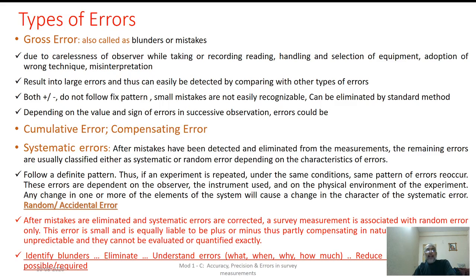Here, these random errors are because of a combination of sources, the way we discussed in the previous slide, that could be a combination of natural, personal as well as instrumental, and even that could be cumulative or compensating simultaneously. Hence, these random errors are unpredictable in nature and they cannot be evaluated and quantified exactly.